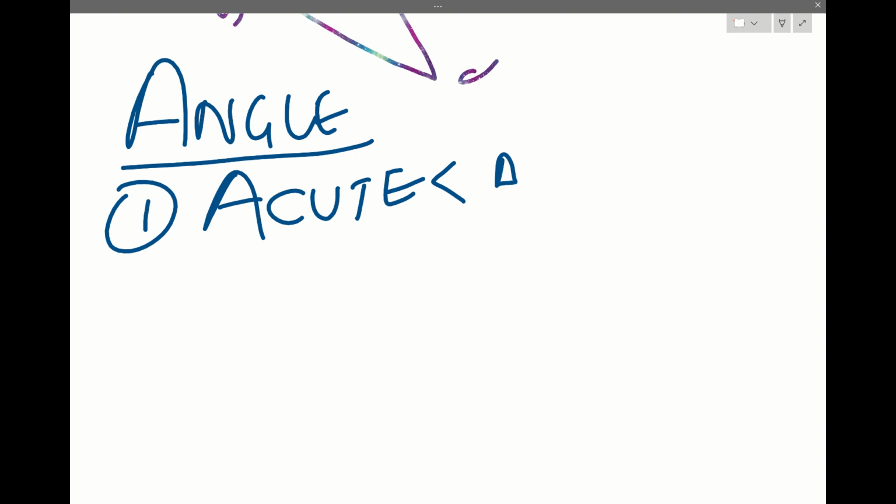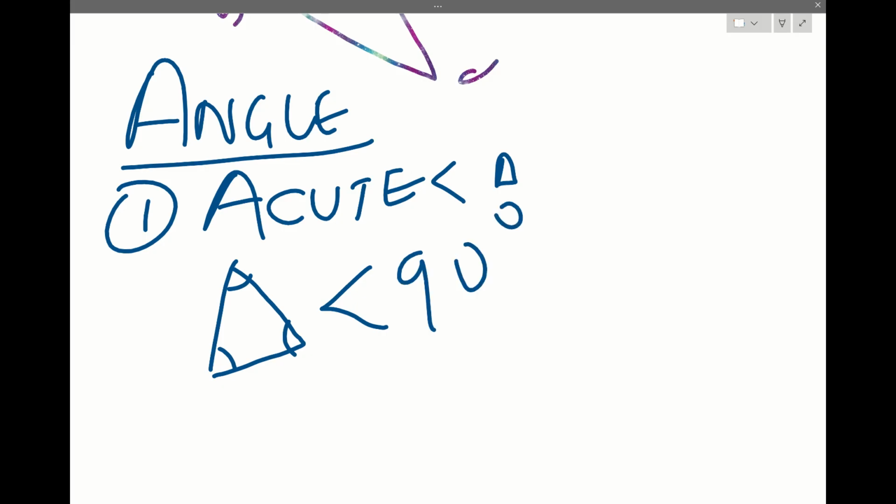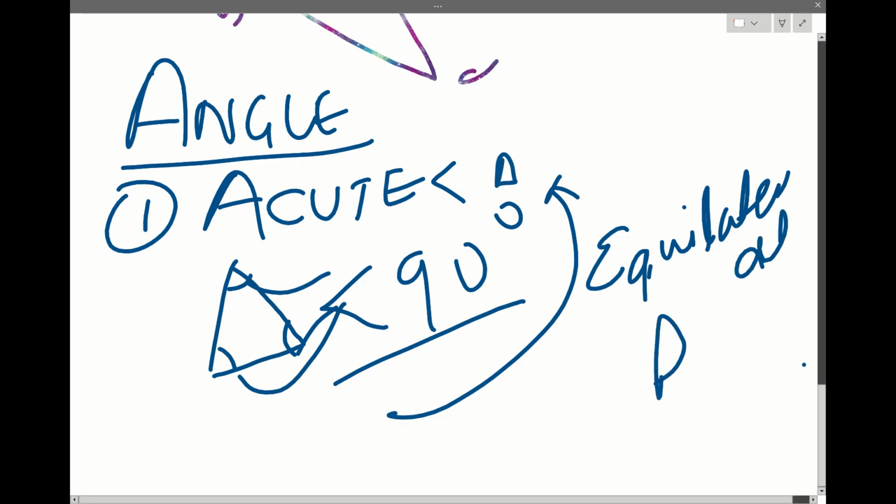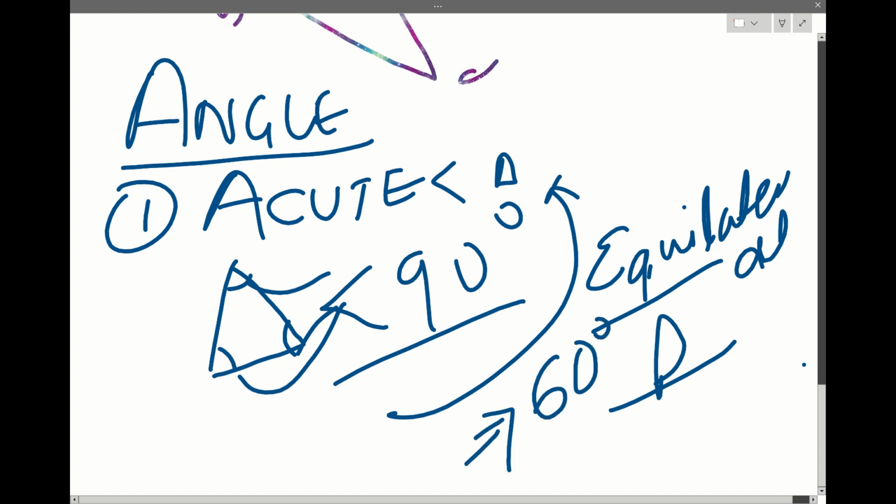In an acute angle triangle, the angles are acute, that means they are less than 90 degrees. If all angles are less than 90 degrees, then such a triangle is known as an acute angle triangle. An example is the equilateral triangle, because in an equilateral triangle each angle's value is 60 degrees.